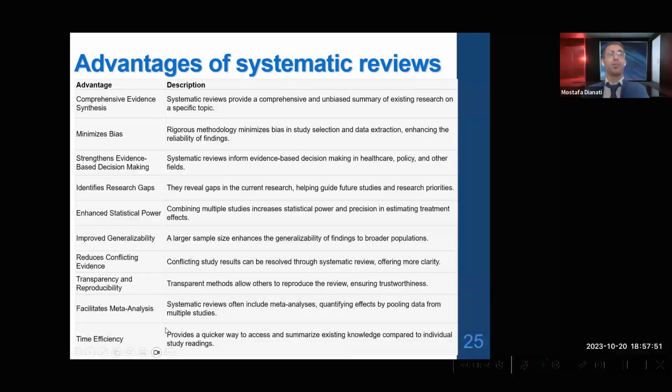Time efficiency is another key feature, because as I said, there is no need for a huge budget. You can simply conduct a systematic review and meta-analysis just by searching the previous literature and trying to simplify it and generate a result.